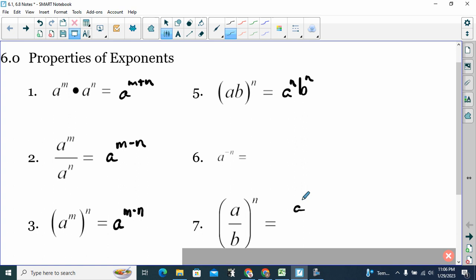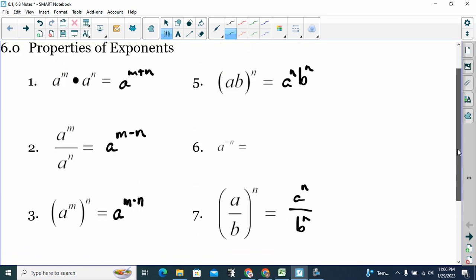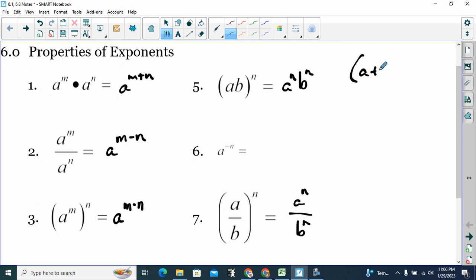Or I can distribute here and say a to the n divided by b to the n. Notice there is not a property that says a plus b to the n. I cannot distribute and say that's a to the n plus b to the n. That would be incorrect. Also, minus does not work.